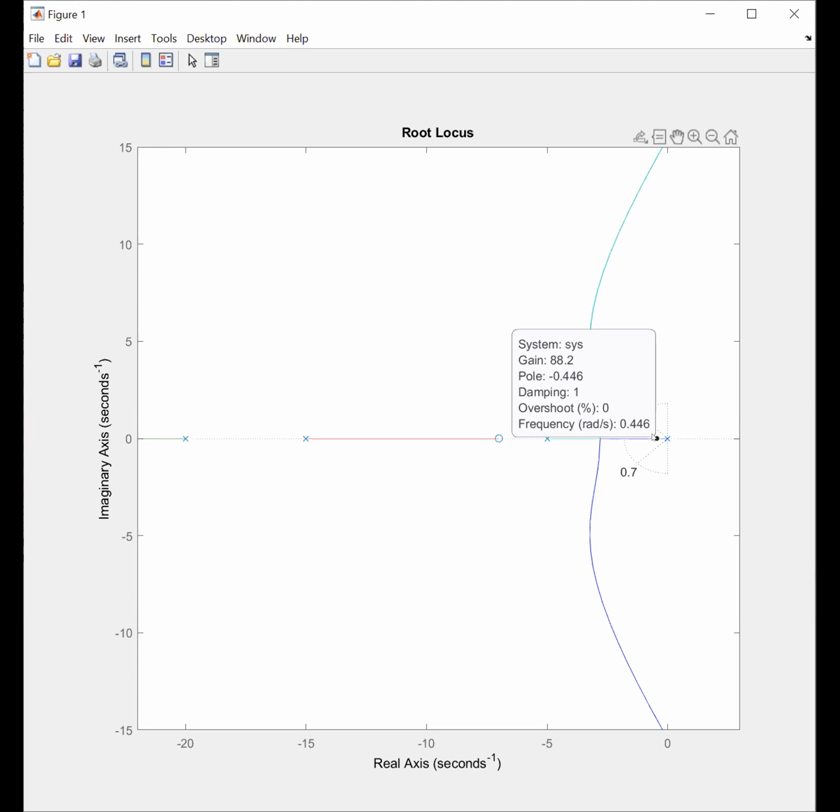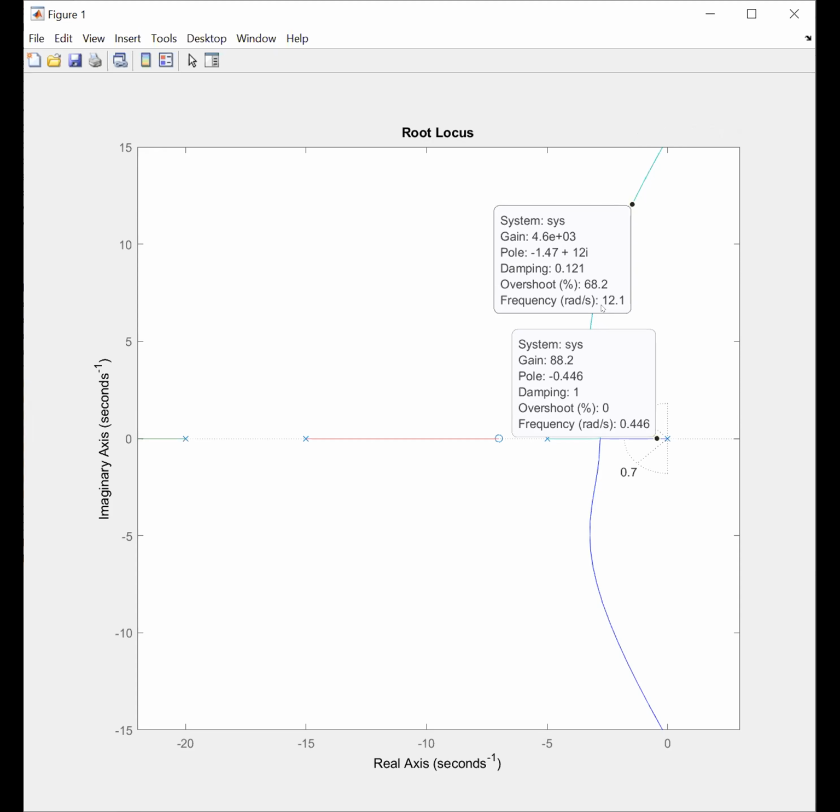It will be less than 5%, but your frequency is going to be less than 1.8, and you want your frequency to be greater than 1.8. Now I want you to click here. Here you will observe that you have a gain of 4.6 times 10 to the power 3.